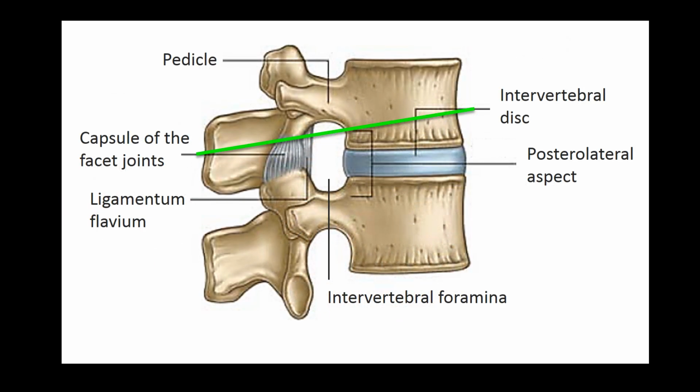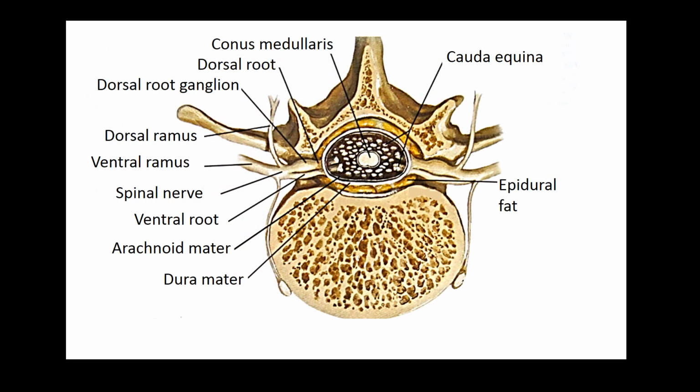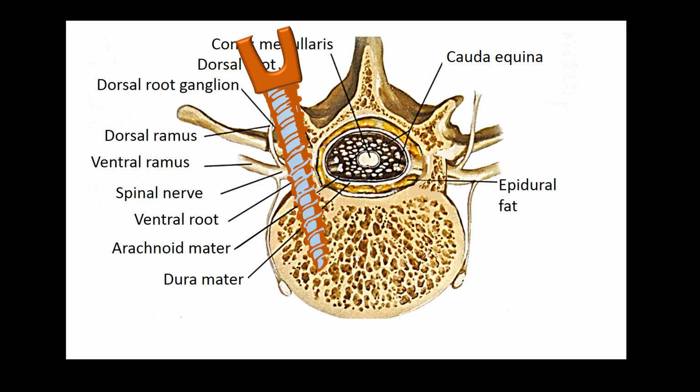But if instead of cutting at this level, we were to cut at this higher level, we would not see in this new transverse cut the content of the intervertebral foramina. We would see the pedicle, which is the right location to place the screw.